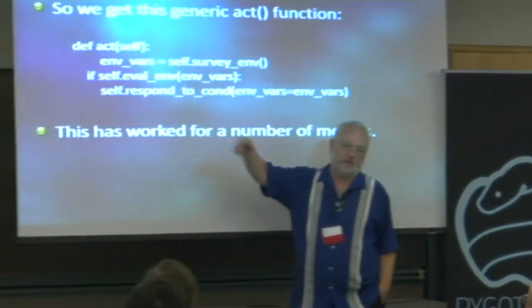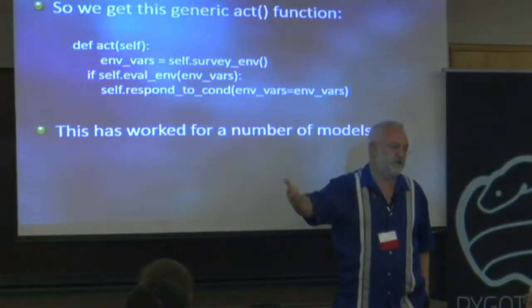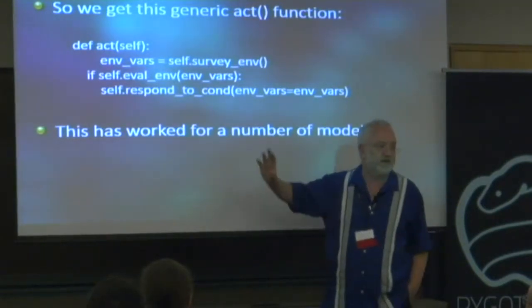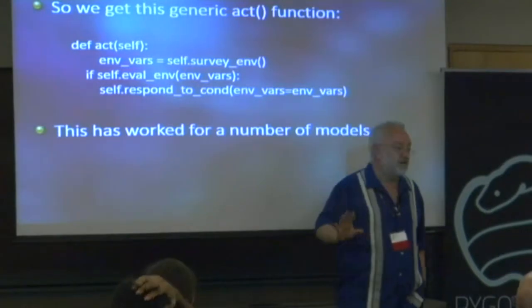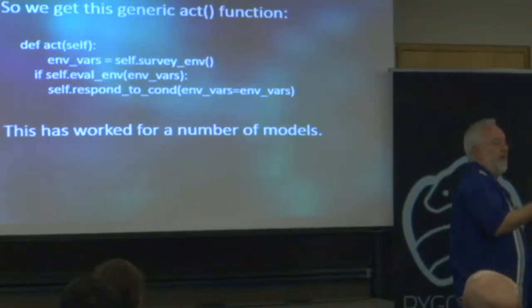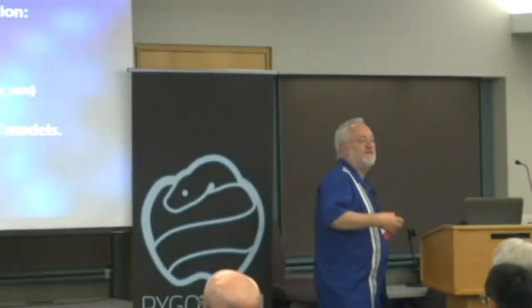So, for instance, a number of models might have an agent just jump to an empty cell if the conditions are such that the agent is unsatisfied. So that thing can be applied across any model that needs it. It's done once and applied again and again.